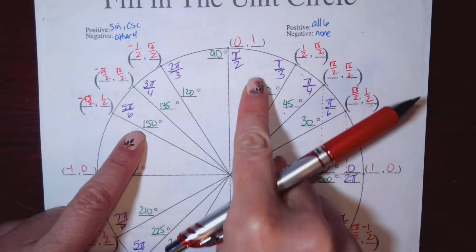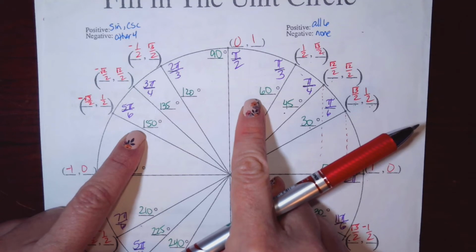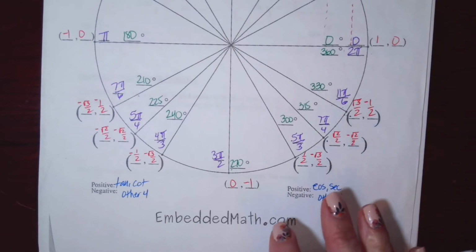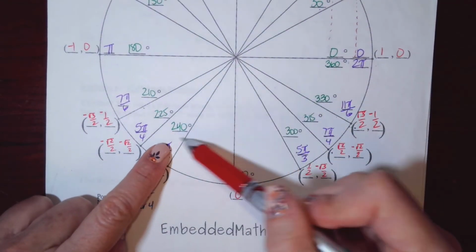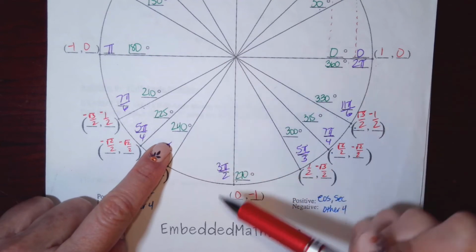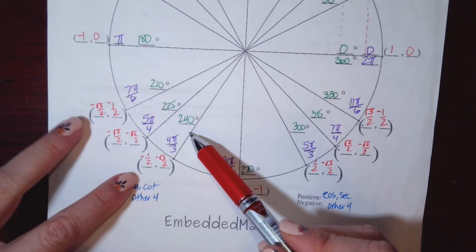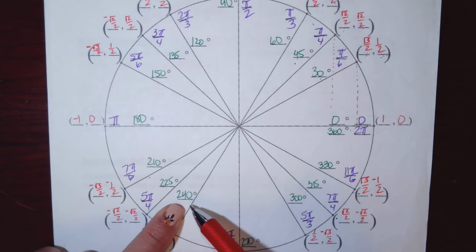Well, 75 is going to be right about here. It's in quadrant 1, and in quadrant 1, both cosine and sine are positive. Let's think about another one. Let's do 240. If my angle is 240, I'm in quadrant 3, and in quadrant 3, sine and cosine are negative. But half of 240 is 120.